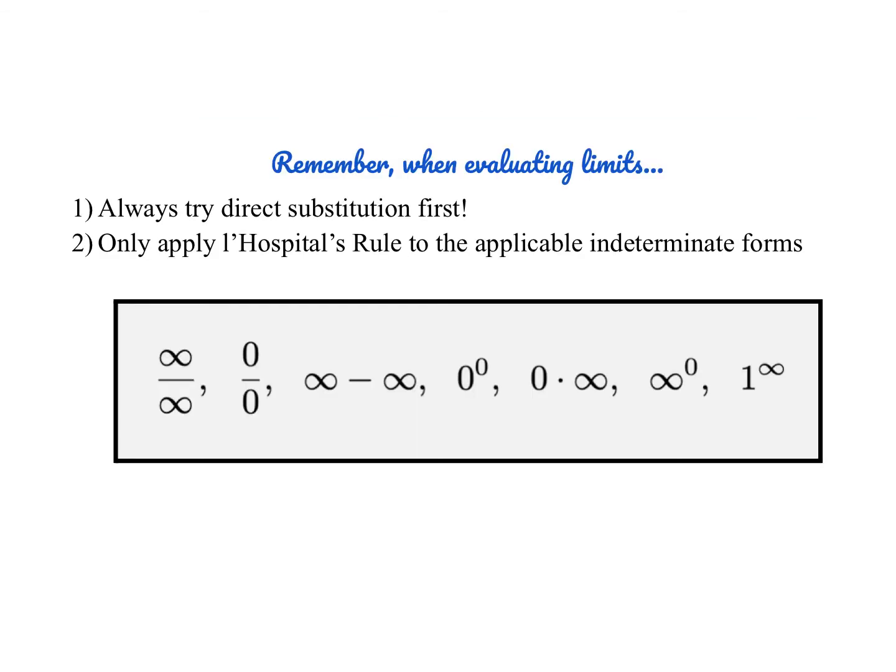Now, it is really important to remember that whenever we are evaluating limits, we always try direct substitution first, because sometimes direct substitution works. But if direct substitution gives us an indeterminate, then we say, okay, is this a case where we can use L'Hopital's rule?